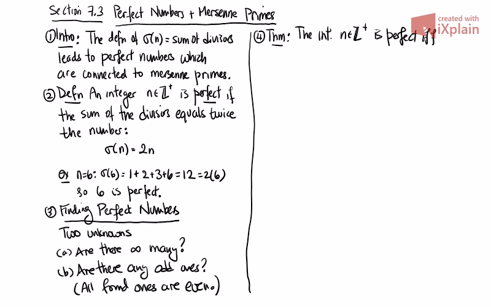So that form is if n is 2 to the m minus 1 times (2 to the m minus 1). Careful with the minuses there, where m is a positive integer with m greater than or equal to 2, and 2 to the m minus 1 itself is prime.